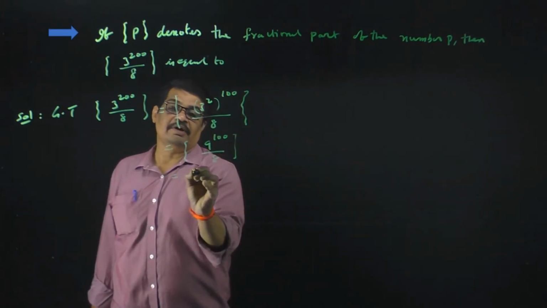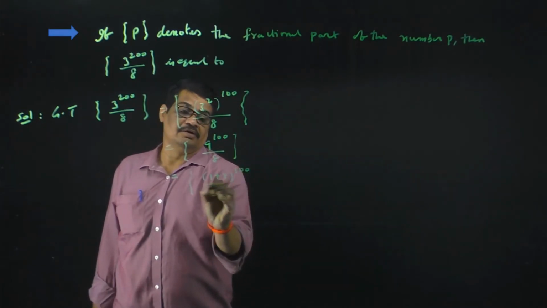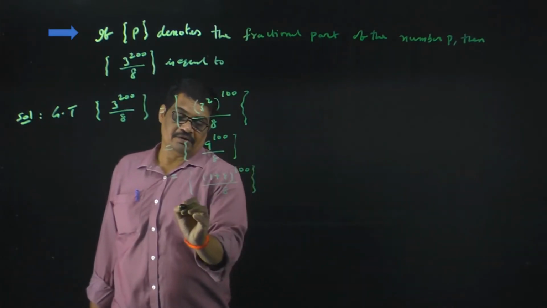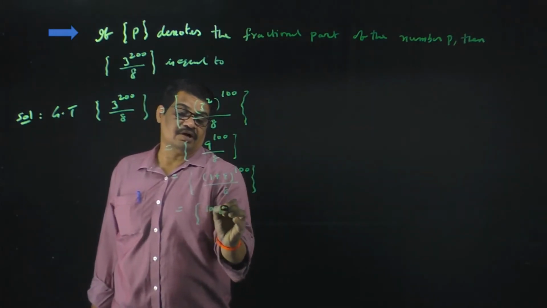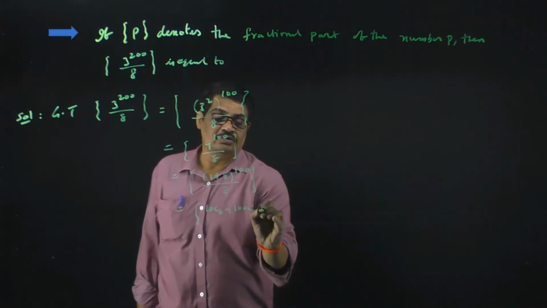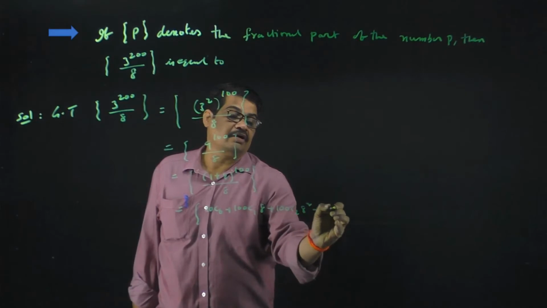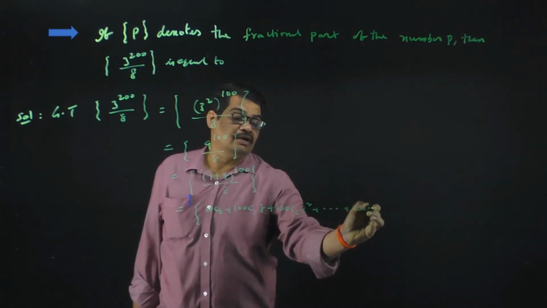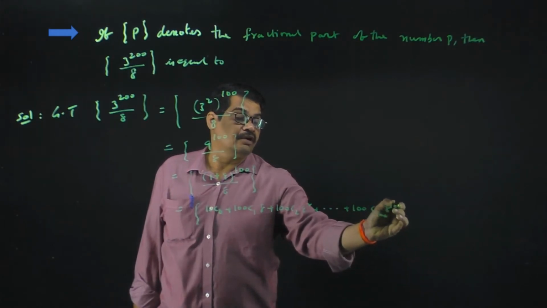Now 9 can be written as (1 plus 8) to the power of 100 by 8. Now we write this expansion: 100C0 plus 100C1 into 8, 100C2 into 8 squared, and so on, up to 100C100 into 8 to the power of 100, all divided by 8.